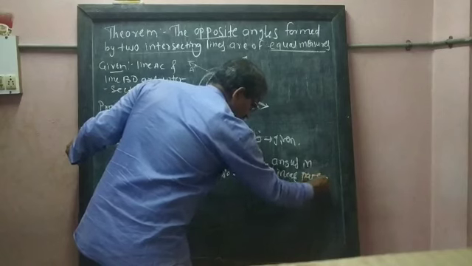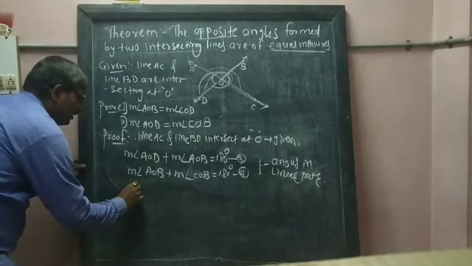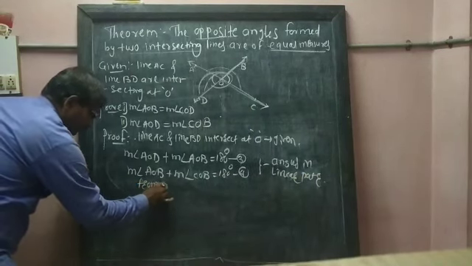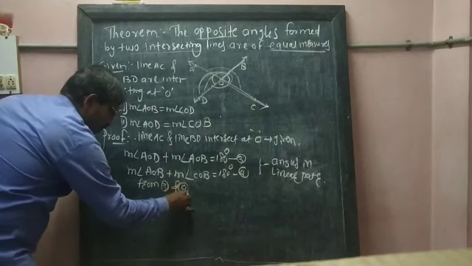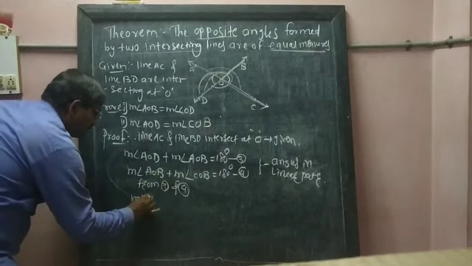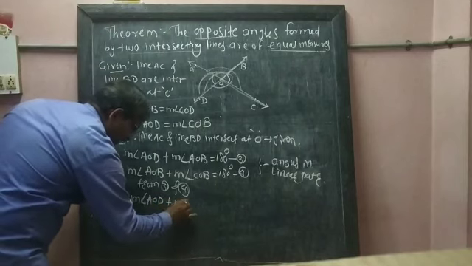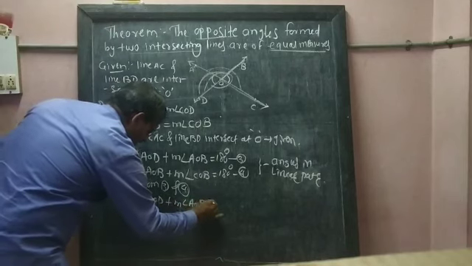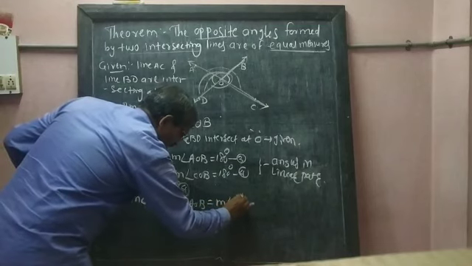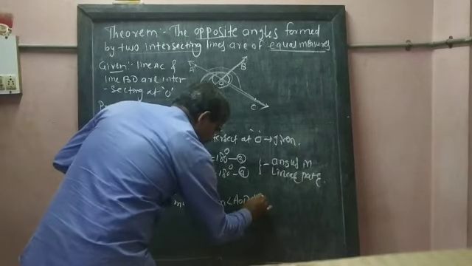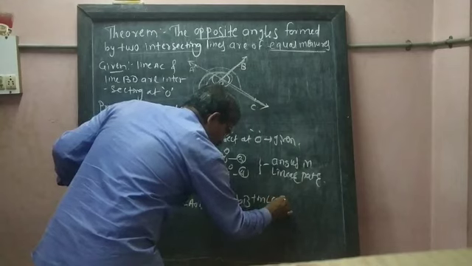Angles in linear pair. Then from 3 and 4, what is happening? Measure of angle AOD plus measure of angle AOB is equal to measure of angle AOB plus measure of angle COB.